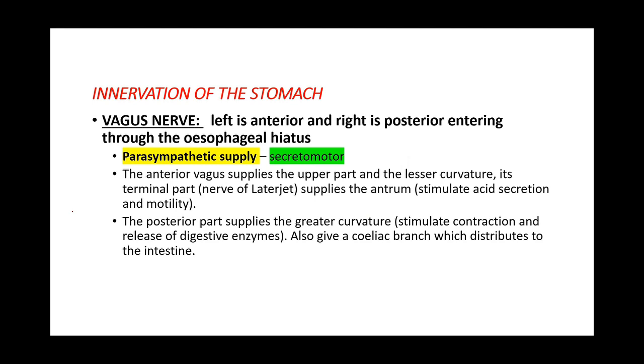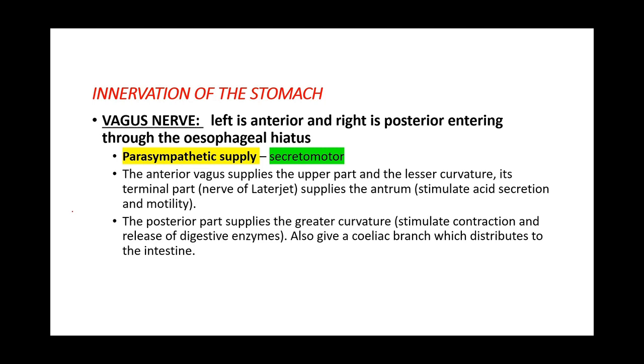Now, the innervation of the stomach with respect to peptic ulcer disease. The vagus nerve is the nerve supply of the stomach.